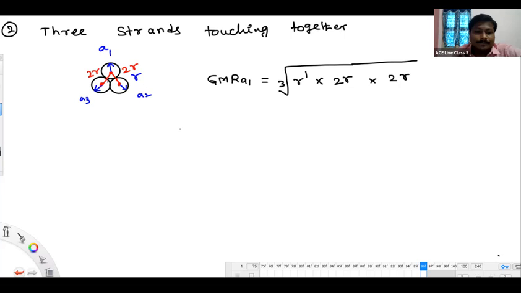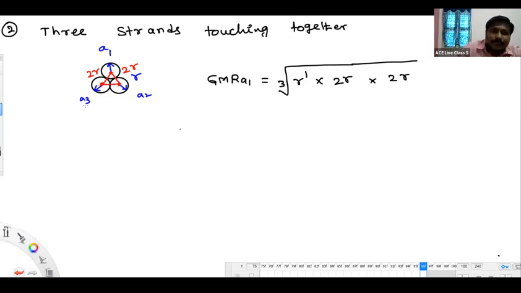That is GMR of A1. What is GMR of A2? Any shape you can take, all three should be in touch. That's the meaning. Will it come the same? r dash, A2 to A1 is 2r, A2 to A3 again 2r.